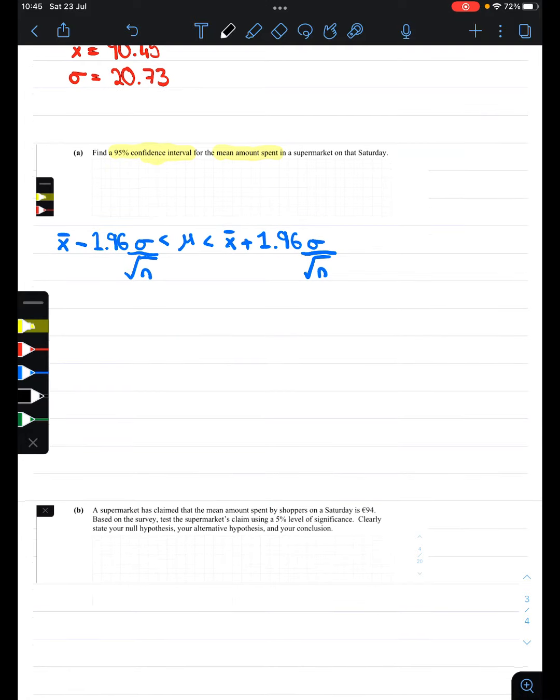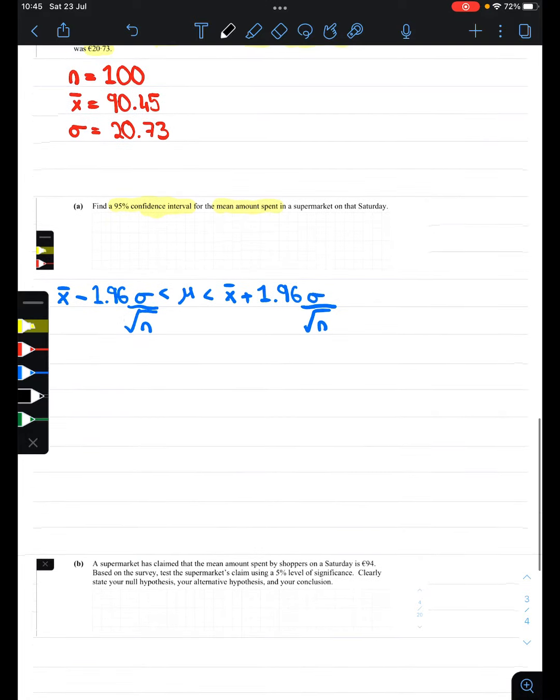Okay, so we can actually just plug this in. We've written down what these things are.